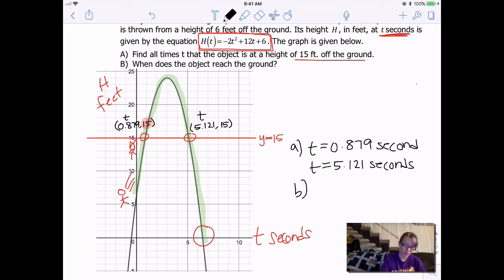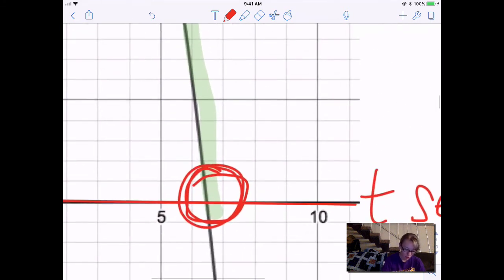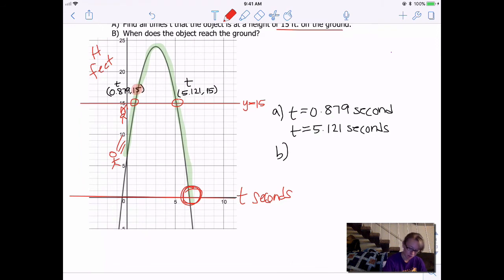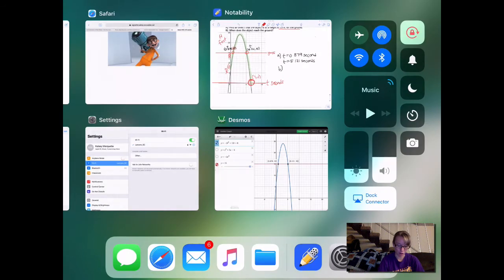And B, when does the object hit the ground? This is a little easier for us to deal with. That's going to be when the height is 0. So when does it happen? Right here. You can see if you zoom in, that looks like it's hitting exactly at 7, 0. But we can double check using our graph.